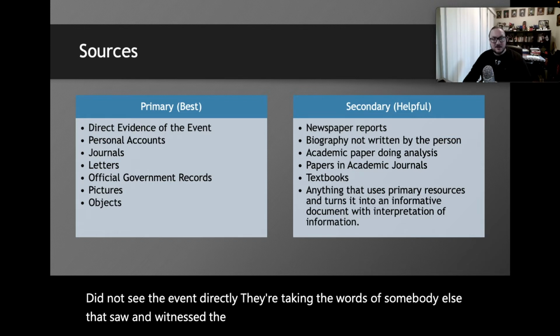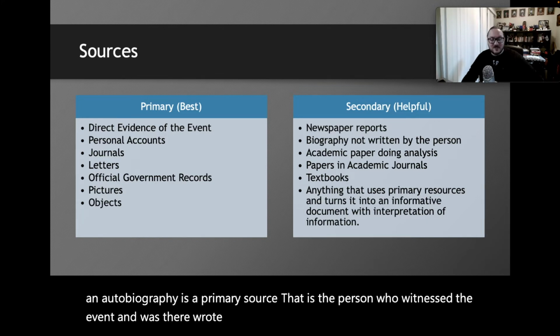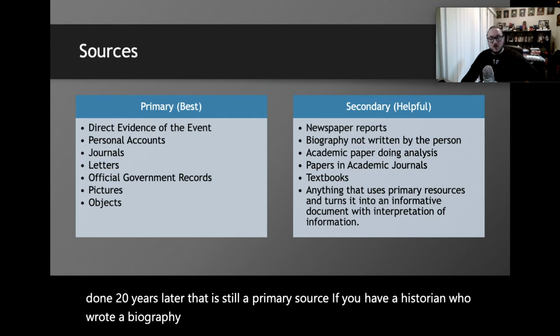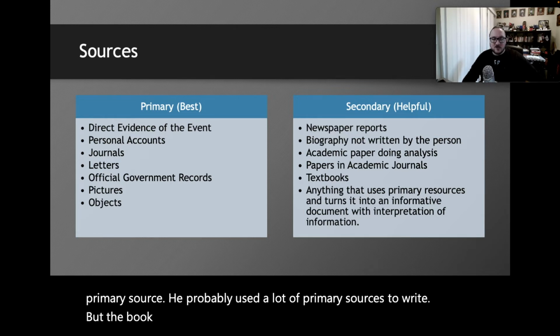A biography. So biographies, if you find an autobiography, it's a primary source. That is the person who witnessed the event and was there, wrote it down, and that is their recollection. Even if it's done 20 years later, that is still a primary source. If you have a historian who wrote a biography about Ulysses S. Grant, that is not a primary source. He probably used a lot of primary sources to write that, but the book itself is not a primary source, okay?